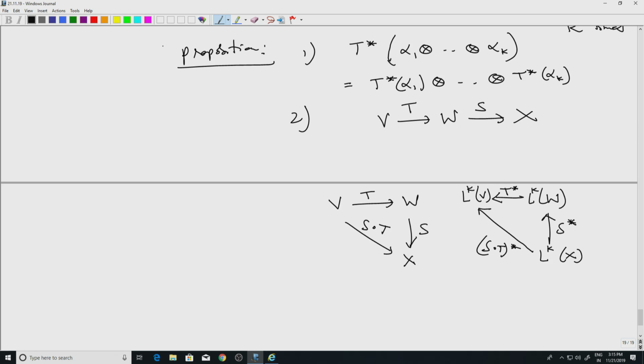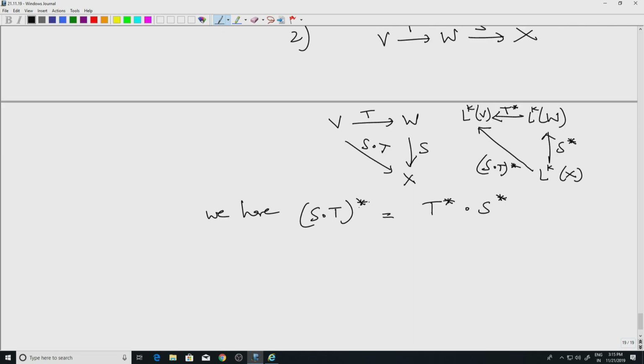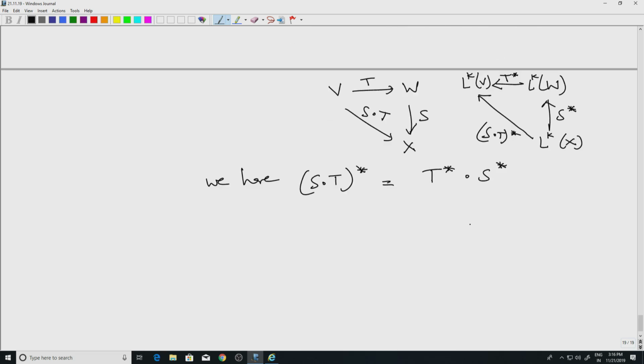The question is whether going like this, S star and then T star, is the same thing as (S composed with T) star. And the answer is yes. We have (S composed with T) star as T star composed with S star. Again, note that the order of composition gets reversed here. This was S composed with T star, but this has become T star composed with S star now.